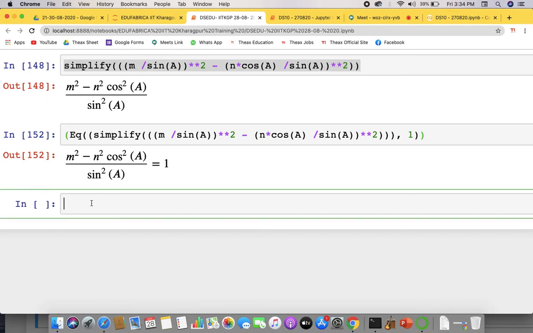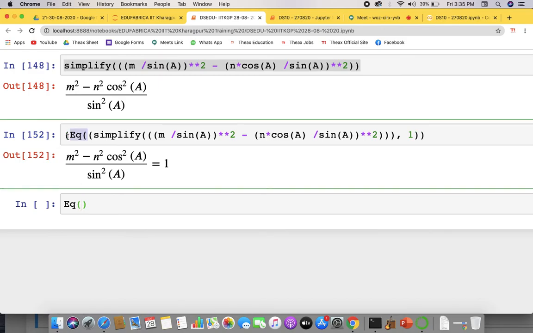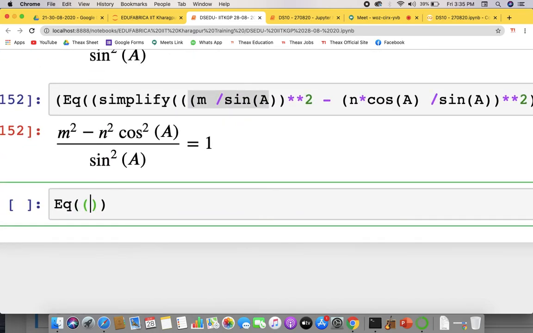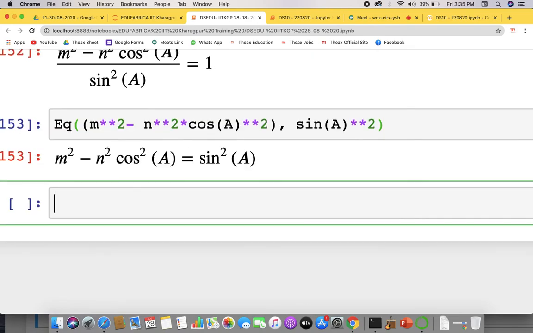Right? That is what I'm saying, this whole equation, what we are getting, m square minus sine square a. Okay, let me write. That is m. It's getting quite lengthy, but it's okay. N square, and then you can write it to be cos a square. So this would be equals to sine a square, right?